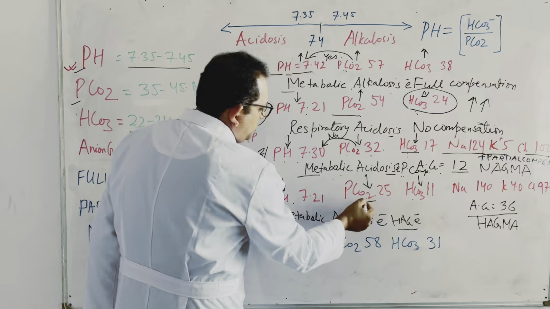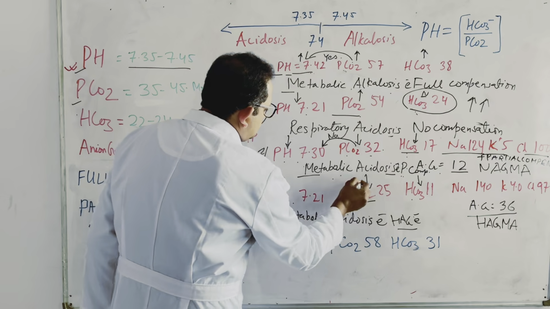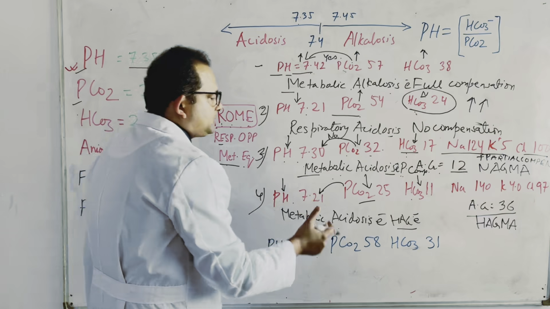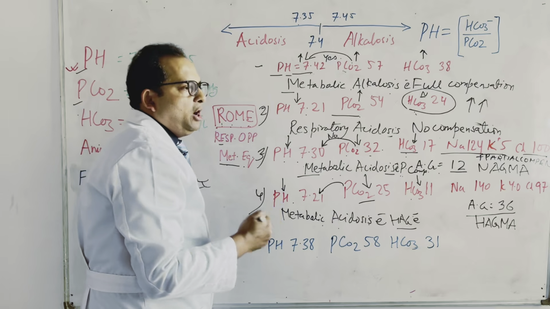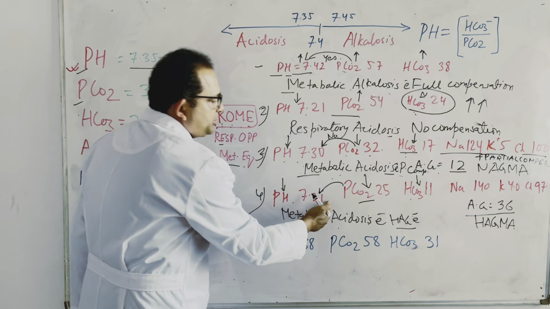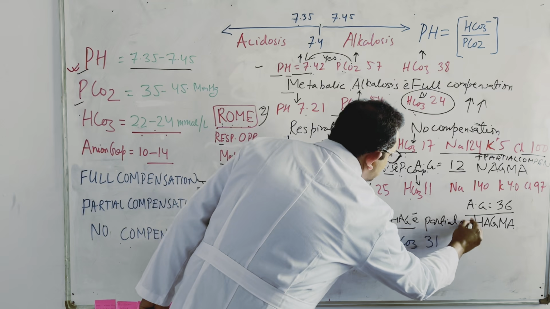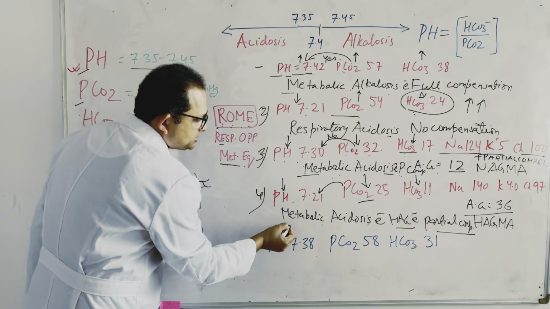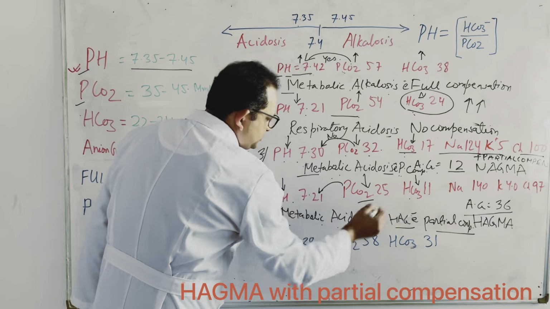Is PCO2 low? Yes, it is low. Has pH become normal? No, it has not brought the pH to the normal range. That means the compensation is still going on, or will continue till the pH becomes normal. So it is again a partial compensation. The full diagnosis is metabolic acidosis with high anion gap with partial compensation.